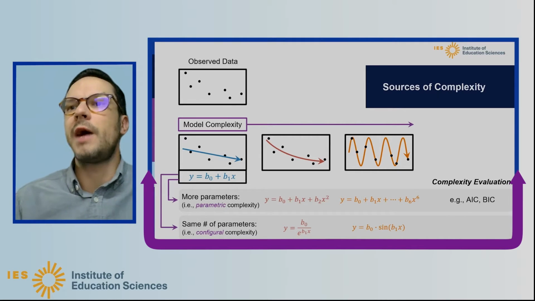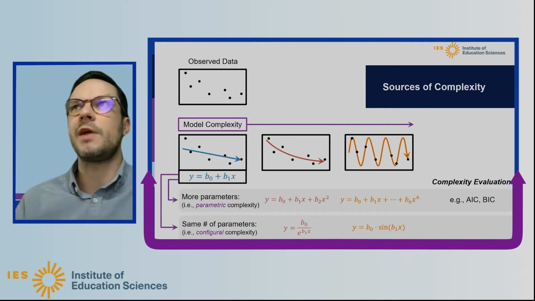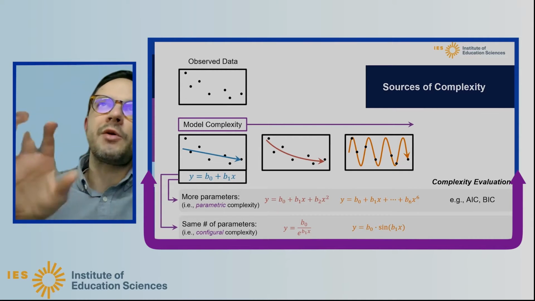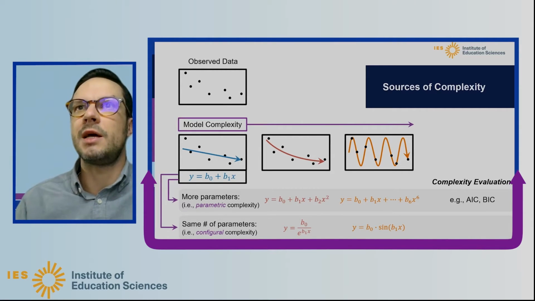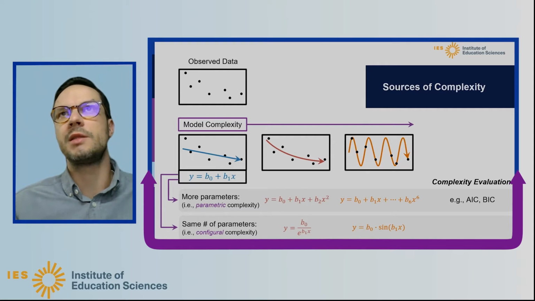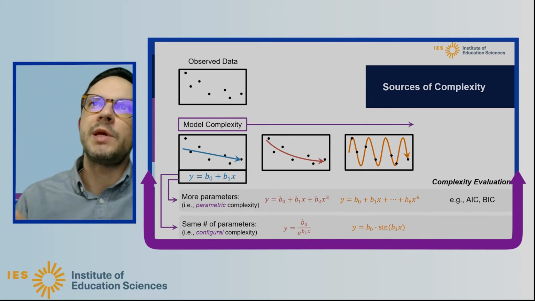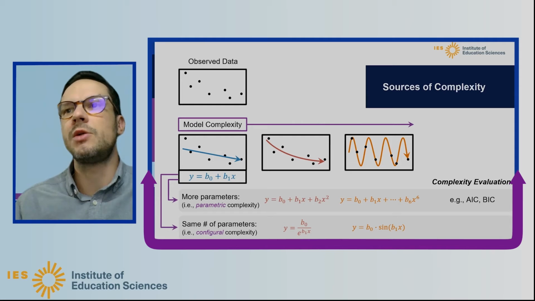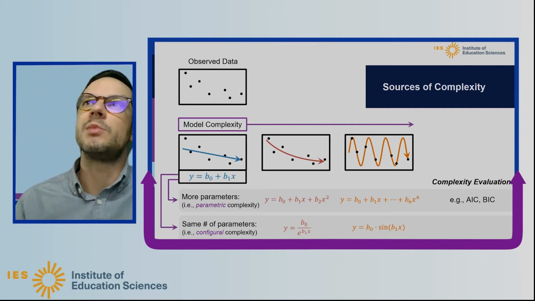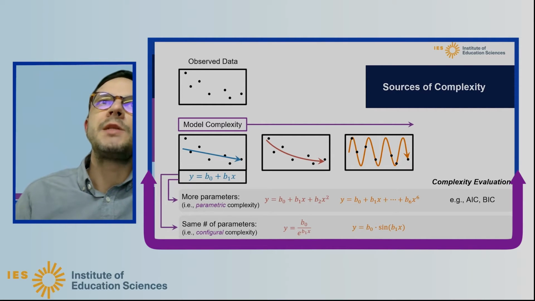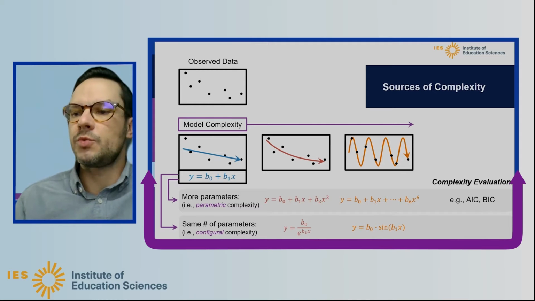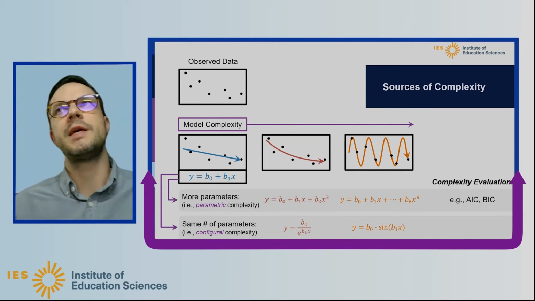We could even find a function that has that very flexible model that fits precisely to the data by looking at something like this sinusoidal function. b0 times sine of b1x still only involves two parameters, but the complexity is much greater. And so this configural complexity is what I'm referring to as the hidden complexity.